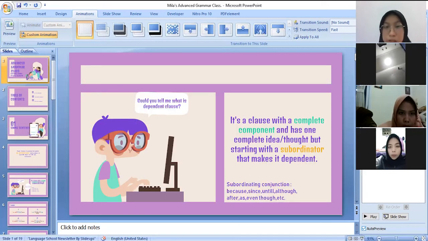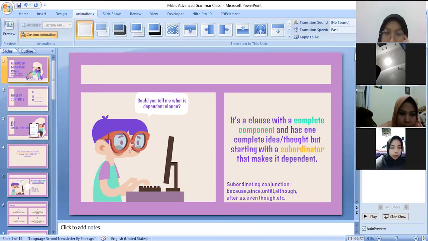Here, one dependent clause. We haven't talked about this, so let's look at what a dependent clause is. It is a clause with a complete component and has one complete idea or thought, but starting with a subordinator that makes it dependent.